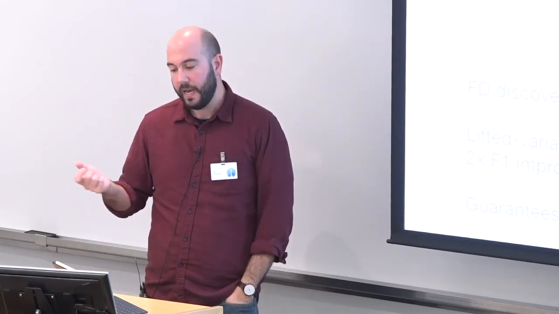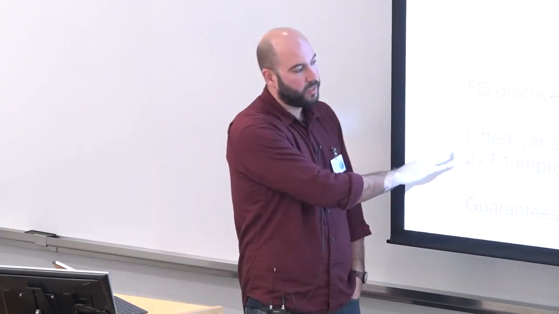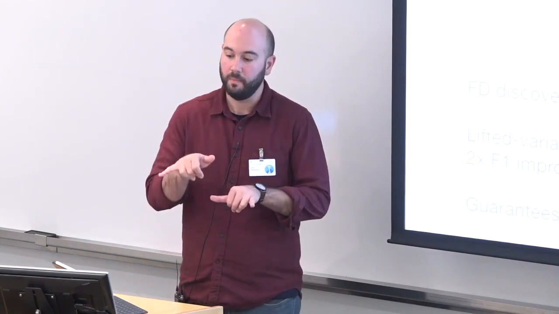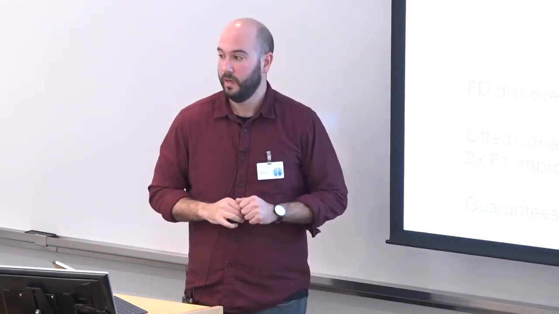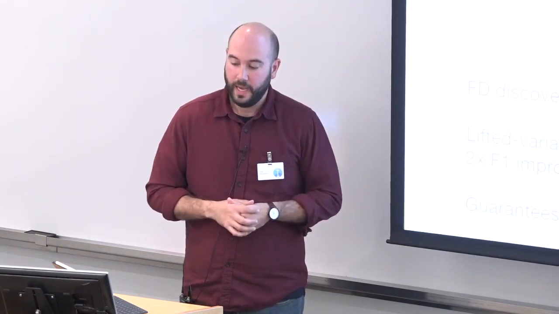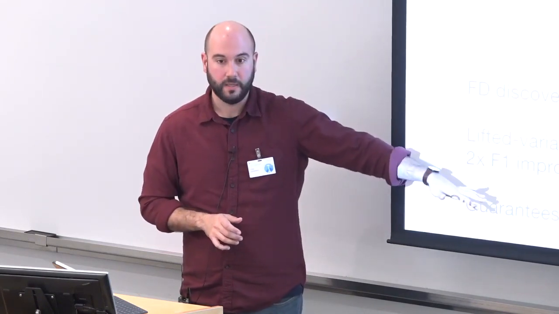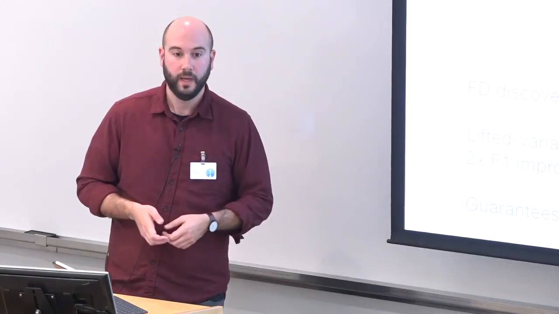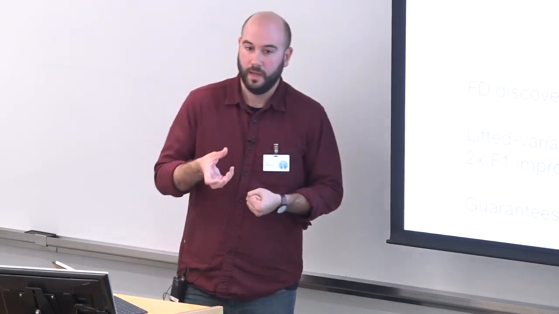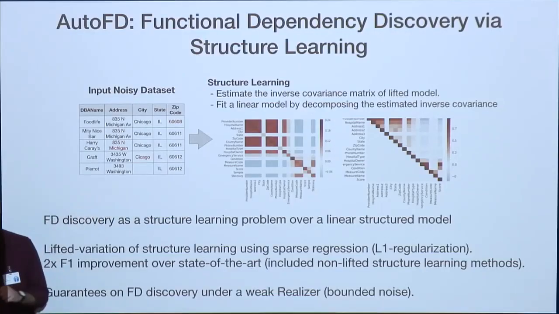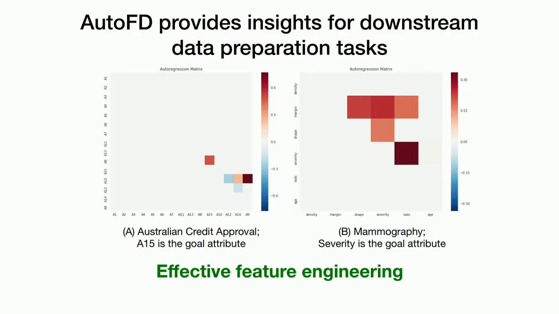We have an approach that relies on robust statistics, robust covariance estimation, by sampling pairs of tuples over the data set and computing differences. And under, again, a weak realizer, where weak here means that the amount of errors is bounded, you can show that you will get the correct covariance, and from the correct covariance, you can get this type of structure. These are two data sets from UCI.